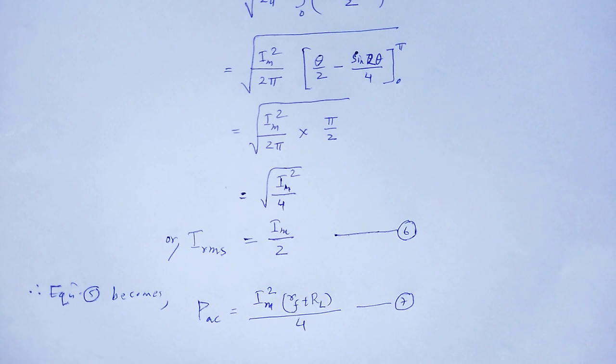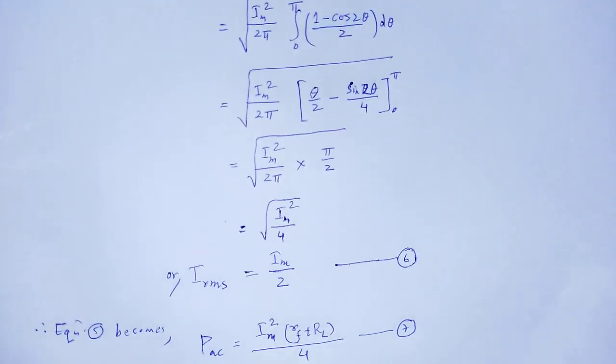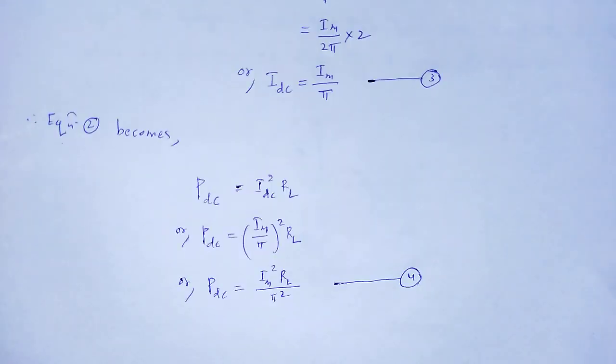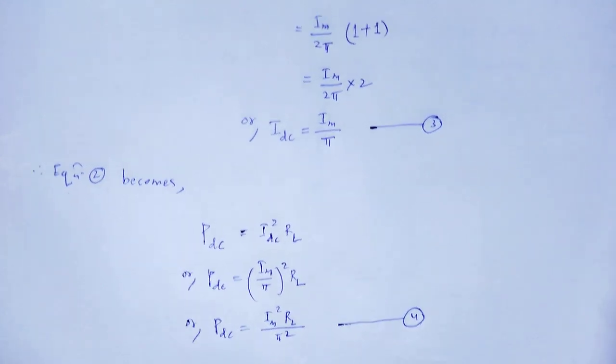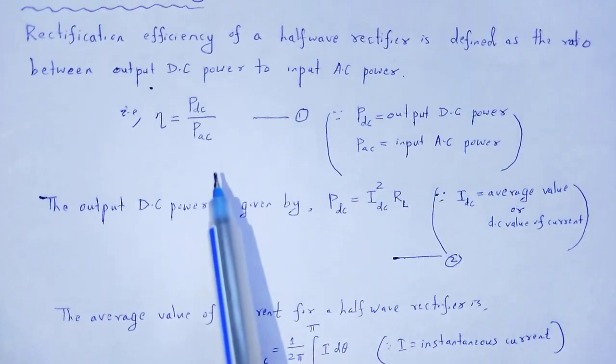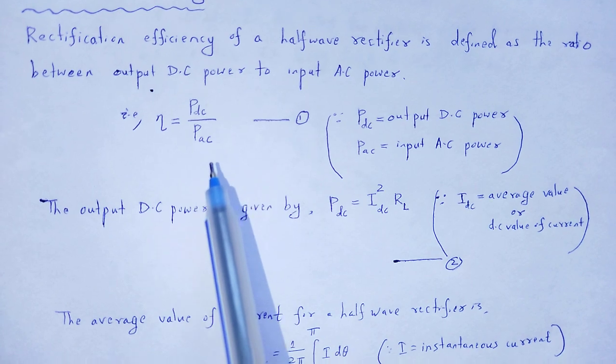Now we can put the value of power of AC and power of DC in equation number 1, the rectification efficiency.